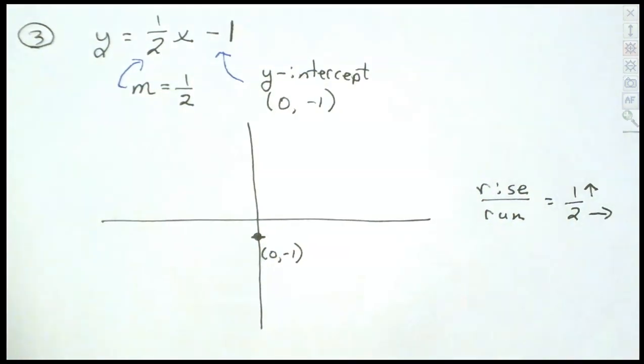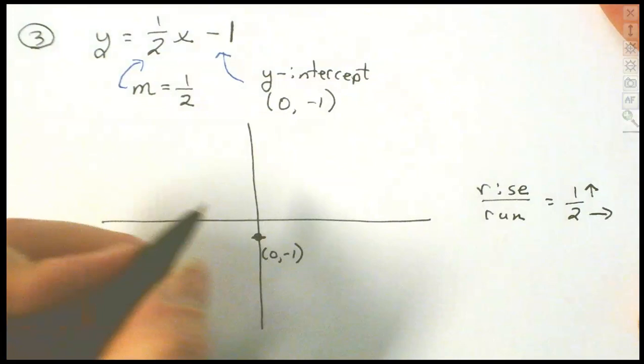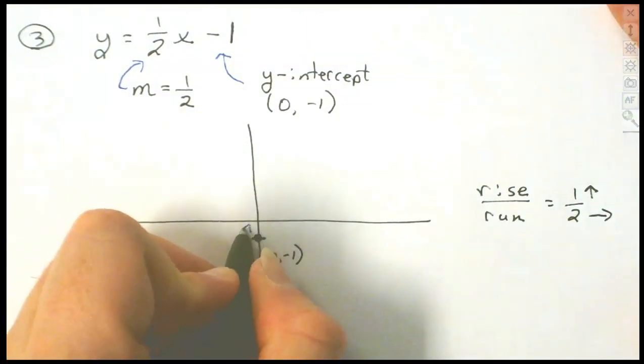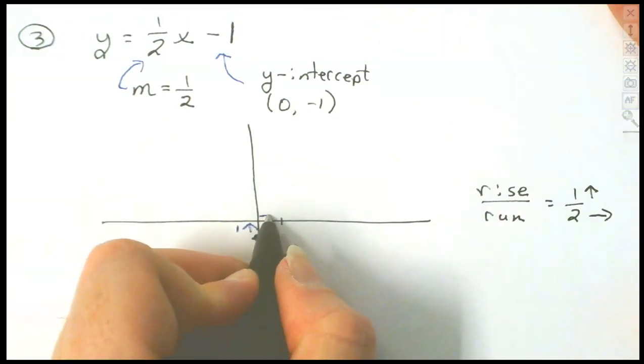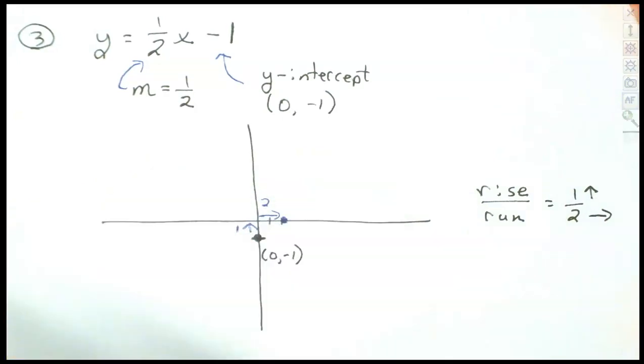So how do we graph this line now? Well, we have our point plotted. We have that point 0, -1 already located. And from that point, this is where we start. From our point, 0, -1, we're going to go up 1 unit, and then we're going to go over 2 units. And that's going to make a new dot right there.